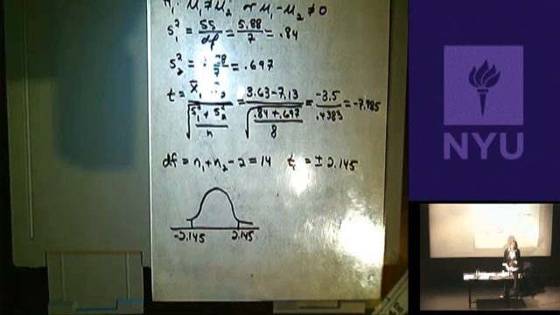Now, it was negative 7.985. What does that negative tell us? Why is it negative? You could even do this as absolute value if you are paying attention to what you're doing.